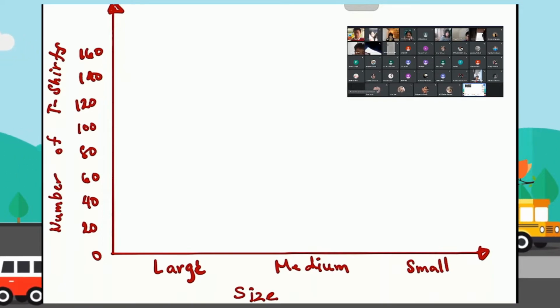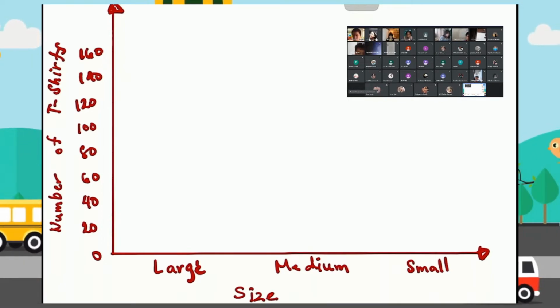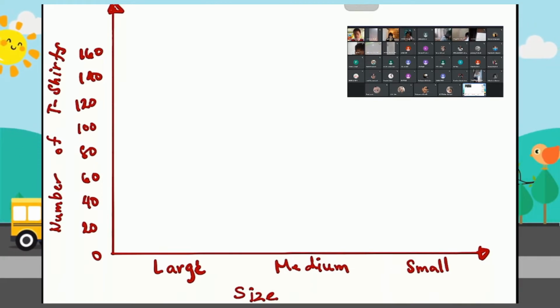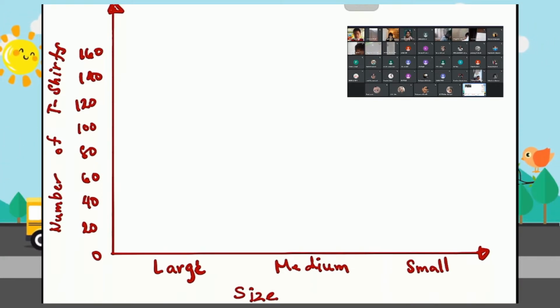Okay, so how many large shirts were sold on Saturday? 105.